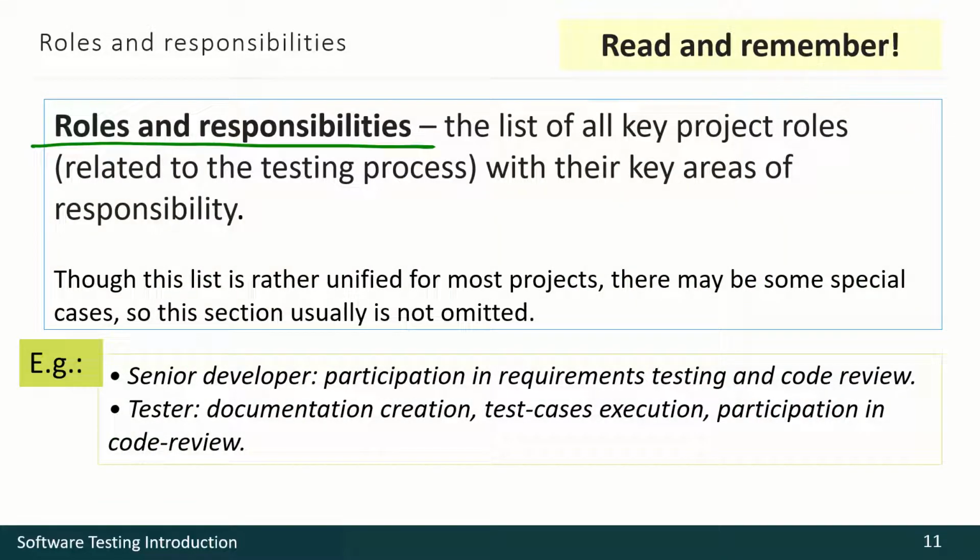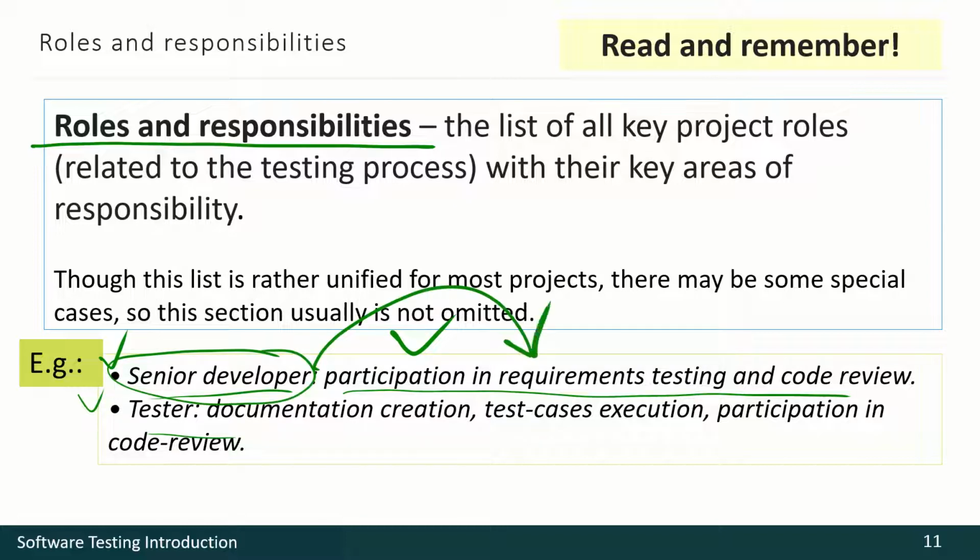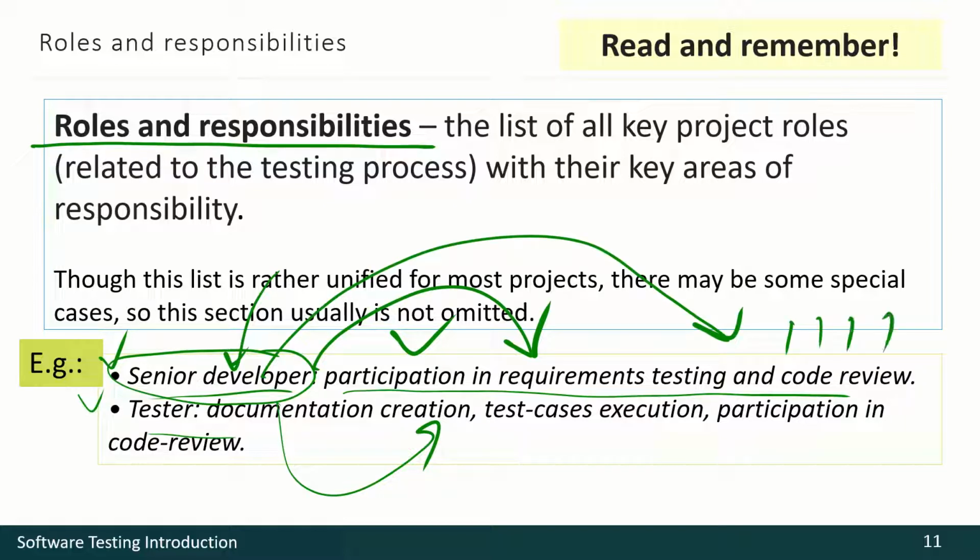Roles and responsibilities section is also rather simple. We list roles and we emphasize responsibilities. Of course, one may say that usually the role implies the responsibility itself. But sometimes, in some specific scenarios, there may be some sophisticated, complex roles, and those roles may have some sophisticated, complex responsibilities. For instance, let's imagine that we have several senior developers.